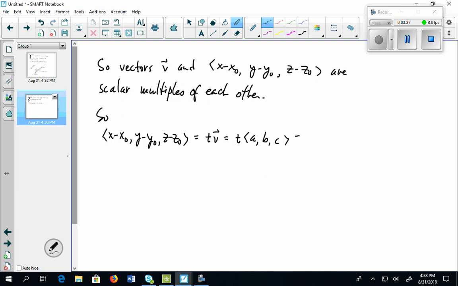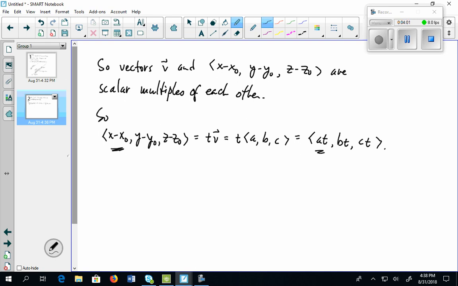And then we can even multiply the t in, and I'm going to write these in alphabetical order. So the first element is at, then, hey, how about b? bt, that'll be correct, and then finally ct. And we know that the only way for 2 vectors to be equal to each other is when the components are equal. So it must be that x minus x naught is equal to at.